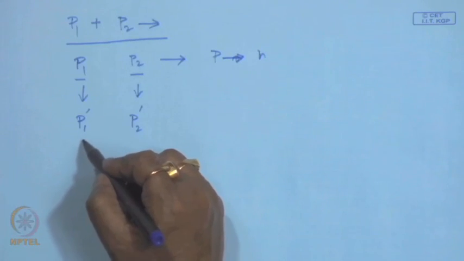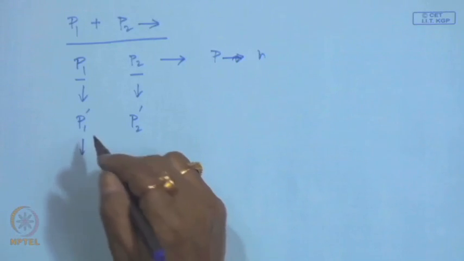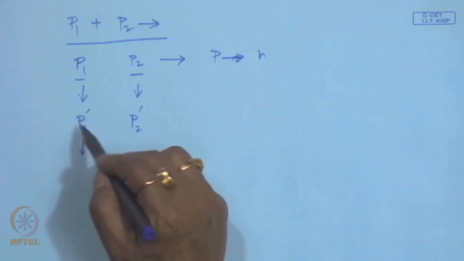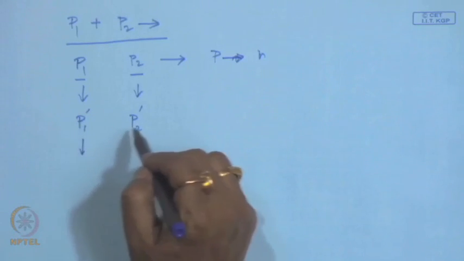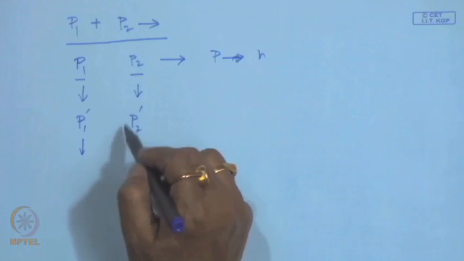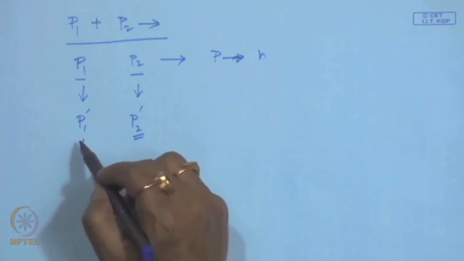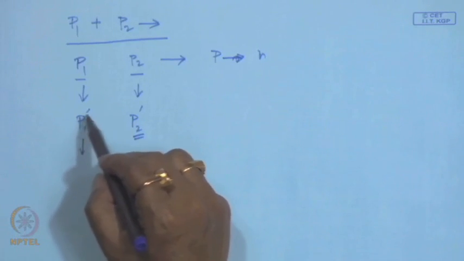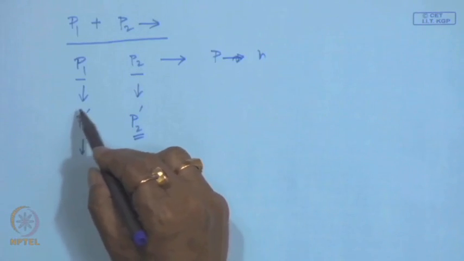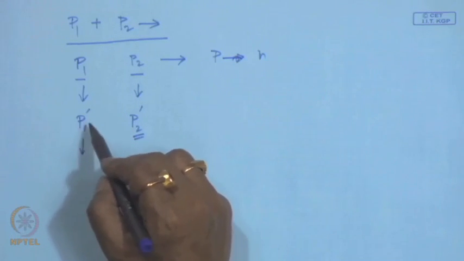For example, we can halogenate polymer P1. That means halogen atoms can be added to polymer P1, so that it becomes P1 prime, a halogenated polymer. Suppose P2 is a halogenated polymer, then we can mix this P1 prime with P2 through halogenation of polymer P1.